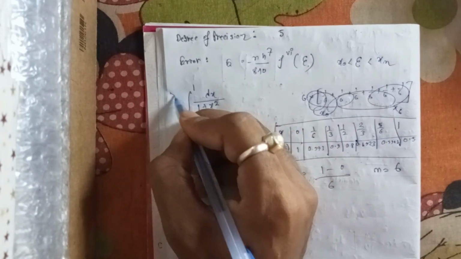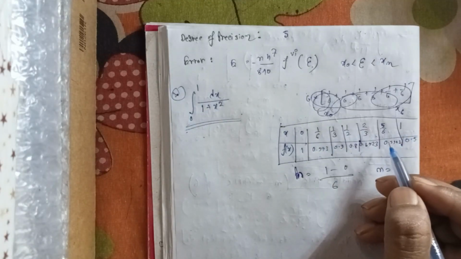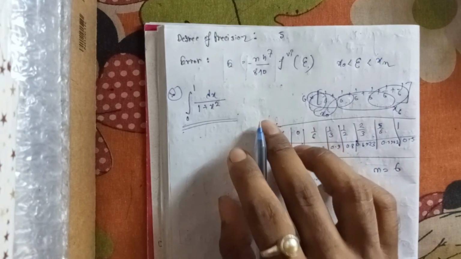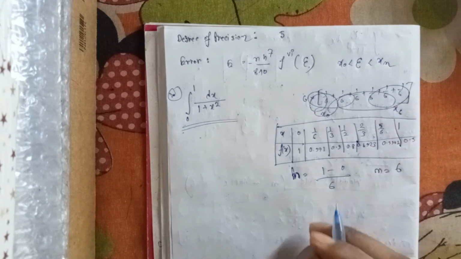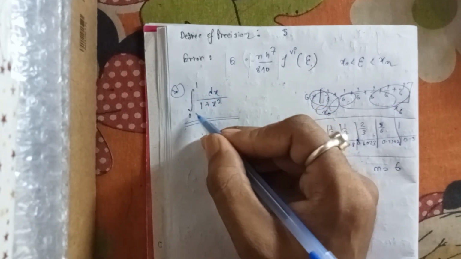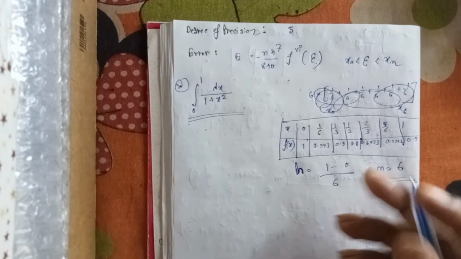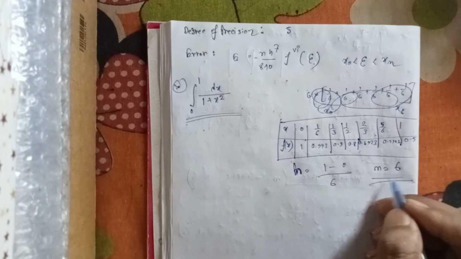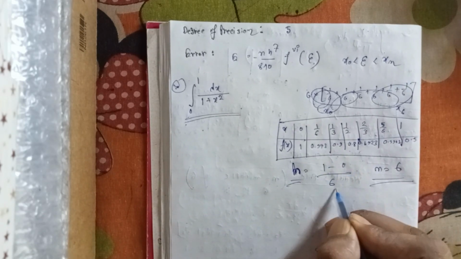So this is the example. You are given a function and you need to integrate from 0 to 1 using Weddle's rule. Weddle's rule says that the number of intervals must be a multiple of 6. Here it is 0 to 1, so we divide our interval. We can consider n equal to 6, because it starts from 6. If n equals 6, h equals the upper limit minus the lower limit divided by n.